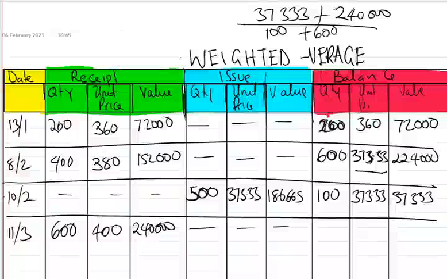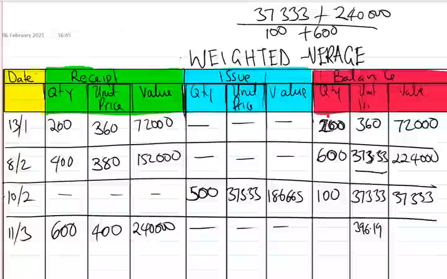So if we divide that, we should find the new weighted average to be 396.19. So that's the new weighted average.